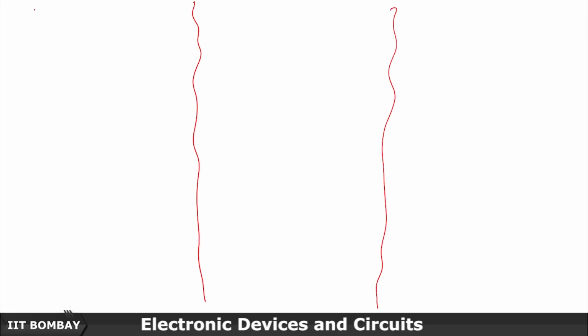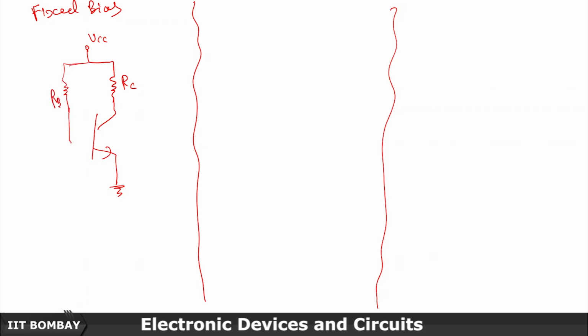So, this is fixed bias. This is what we discussed in the last lecture. So here the diagram is VCC, this is RC, this is simply grounded, and this is RB. This is going inside this one. And remember, I am just drawing the DC equivalents.